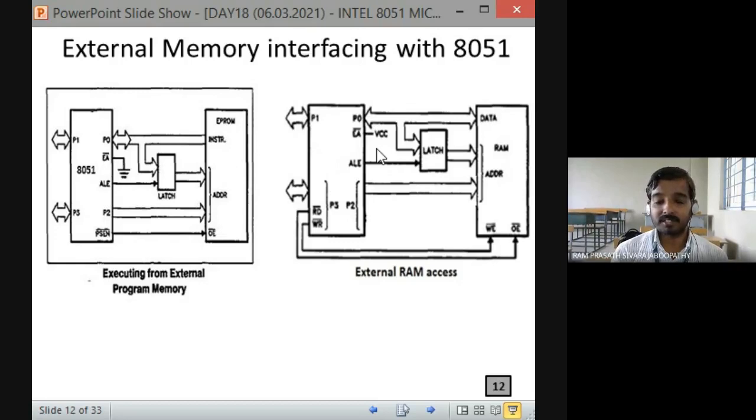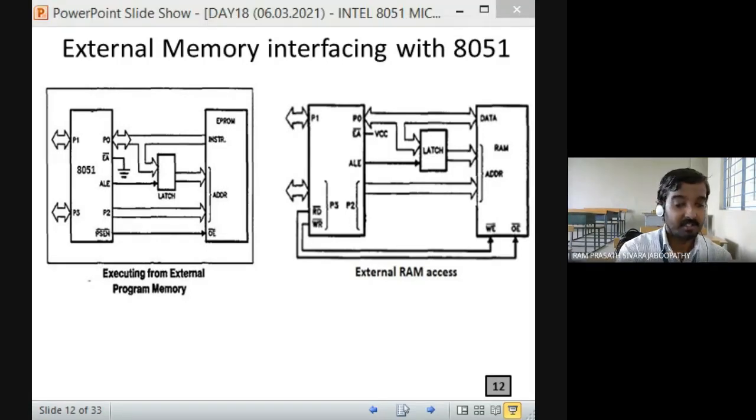Whenever you want to access data from external memory, which instruction do we have to use? Which instruction have I told you? If you want to read or write content in RAM memory, what instruction do we have to use? I have told in the slide. I am speaking about the instruction. This instruction, MOVX.